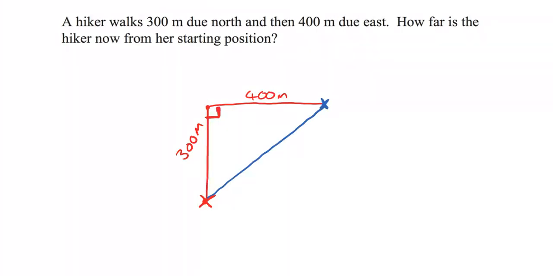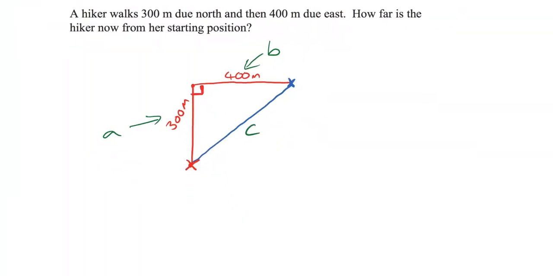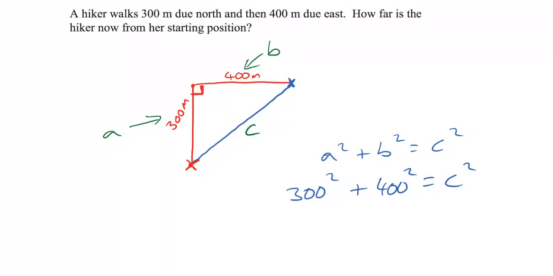So again, let's label up the sides. The A and the B are the ones touching the right angle. The C is the thing we're trying to find. It's the hypotenuse. So we've got A squared plus B squared equals C squared. So I've got 300 squared plus 400 squared equals C squared. Well, if I work this out, 300 squared is 90,000 and 400 squared is 160,000 equals C squared.